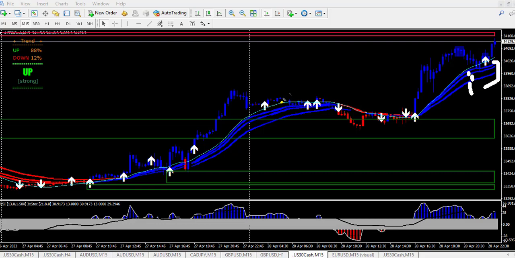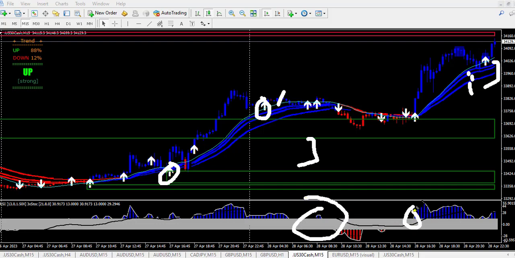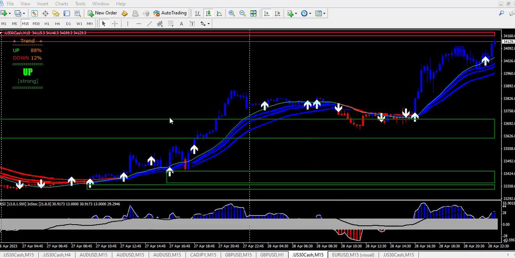And number two, I have this indicator here, aqua color, that gave us this white arrow either for buy or for sell, and we do have this support and resistance indicator. The last indicator on the chart is this RSI indicator here. The blue line bar is for buy and the red is for sell. Now let me show you how to use this particular strategy.